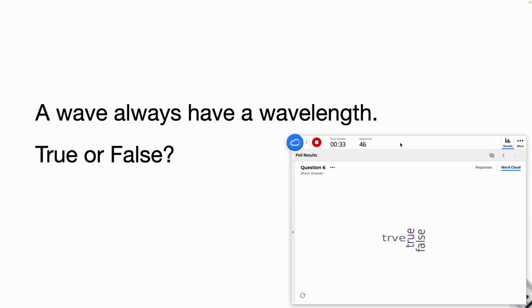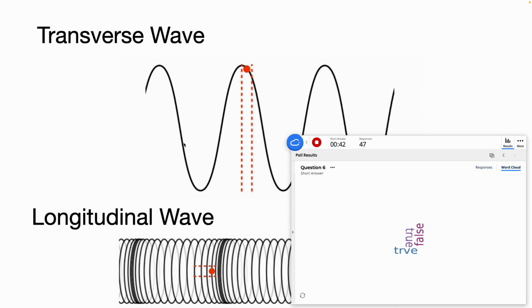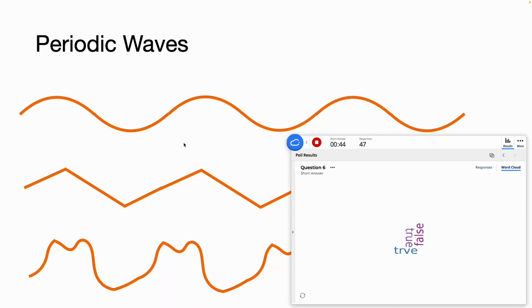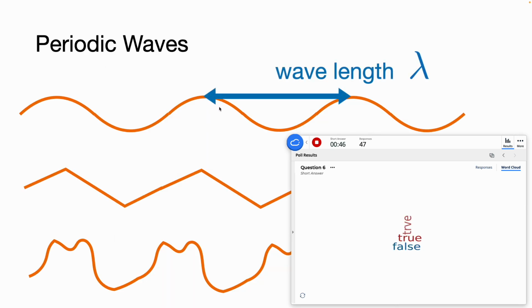So there's a reason we call this a periodic wave. The reason we call it periodic is that it repeats and we can define a wavelength.